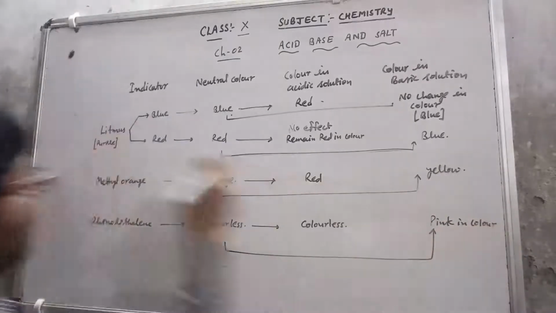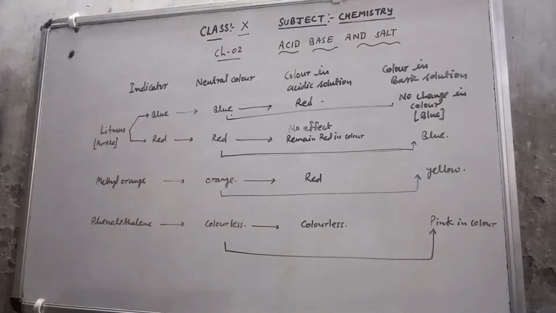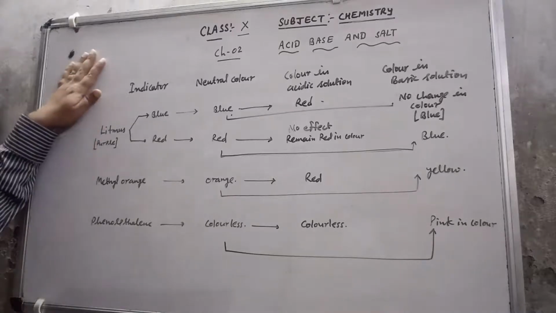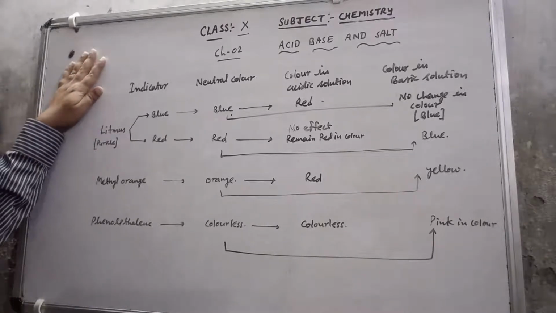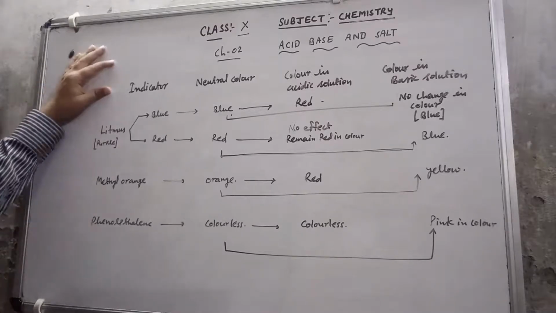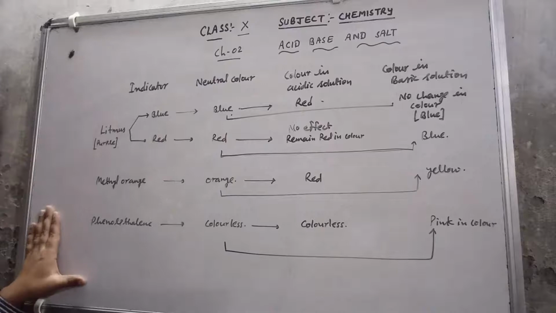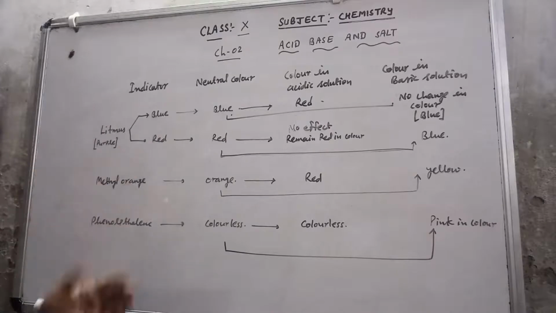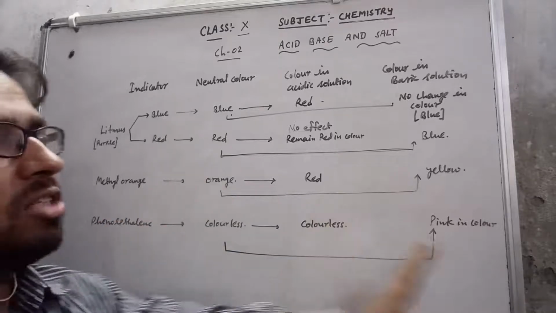So this is the one chart by which you can explain the change in color in acidic or basic solution for a particular indicator. So that is a very important chart. With the help of this chart, 2 or 3 questions can be asked to you. Like one question: what is the change in color of phenolphthalein when it is added in basic solution?